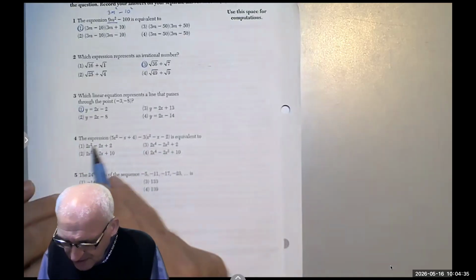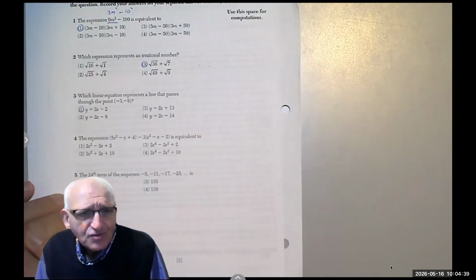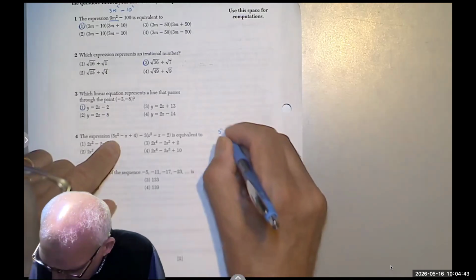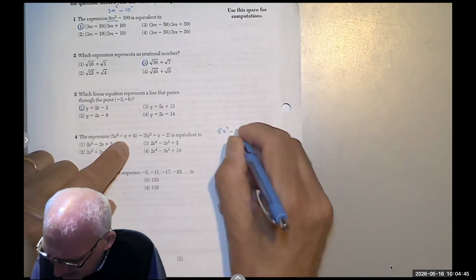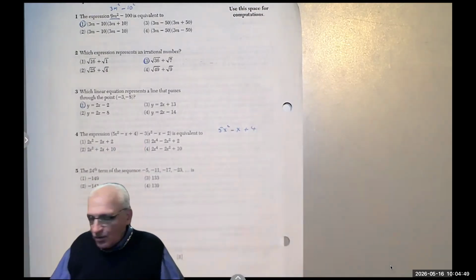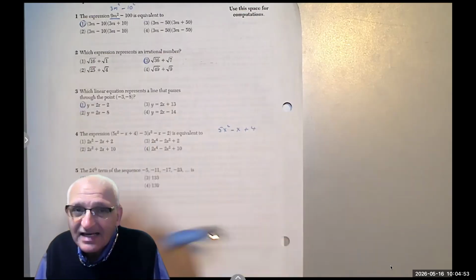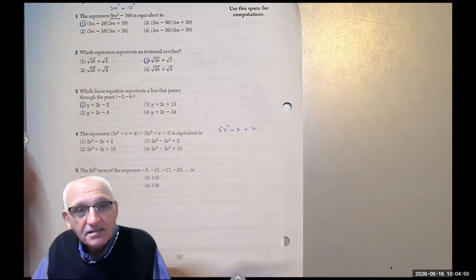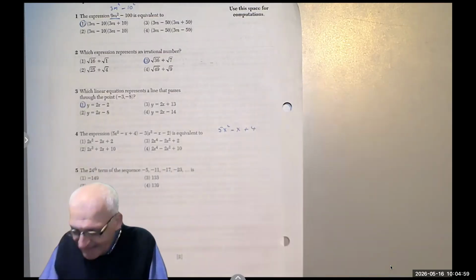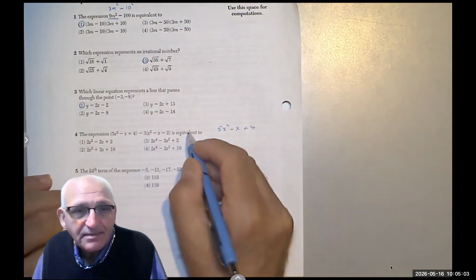The expression 5x squared minus is equivalent to what? So just subtract. The first one is 5x squared minus x plus 4. Now you have to be careful when you subtract, because when you subtract a negative number, it becomes a positive. Some people check the first term and then forget about the rest.